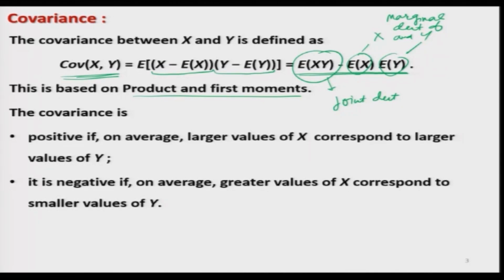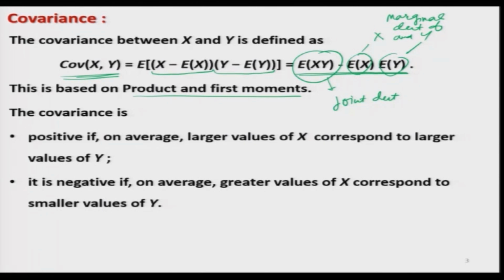What do you mean by this? That the direction can be positive or negative. That means, if a variable is increasing, then the other variable is also increasing, or vice versa, that if one variable is increasing, then the other variable is decreasing. So, based on that we can have two directions, positive direction and negative direction.